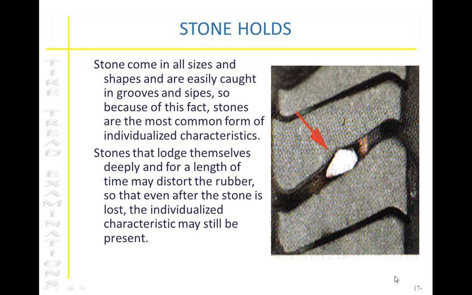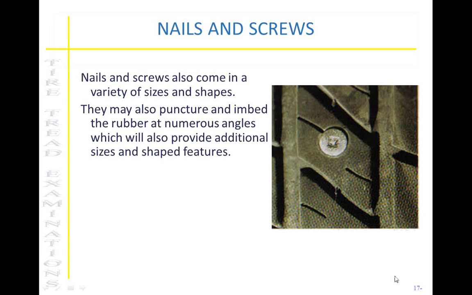Tires will typically pick up stones, so the location of these stones and how they change the rubber that's actually surrounding the stones is going to create an individualized characteristic. And any nails or screws that might embed themselves in the tire tread are also going to create an individualized characteristic.